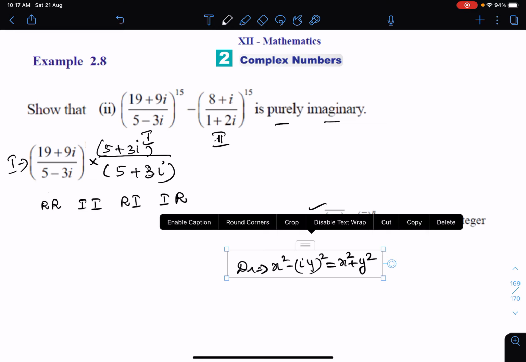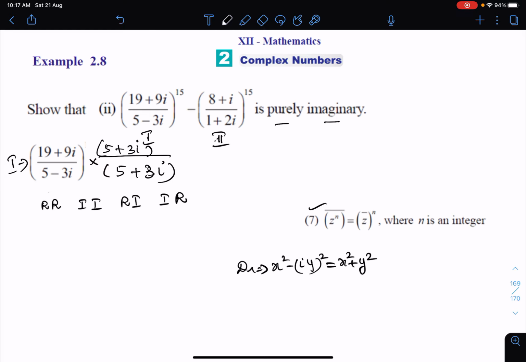For the numerator, first real into real, so 19 into 5 is going to give you 95, and then imaginary into imaginary, 9i into 3i, is going to give you minus 27. I square, you know that i square equals minus 1, so this plus will become minus due to this fact.